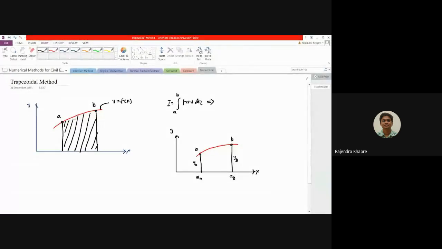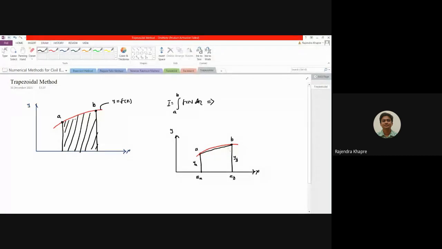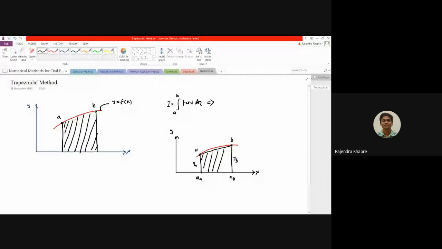Now one of the crude methods of finding the area under this curve is to assume a straight line relationship between point a and point b. Like this. So now it will be easier for us to find the area under this trapezium.